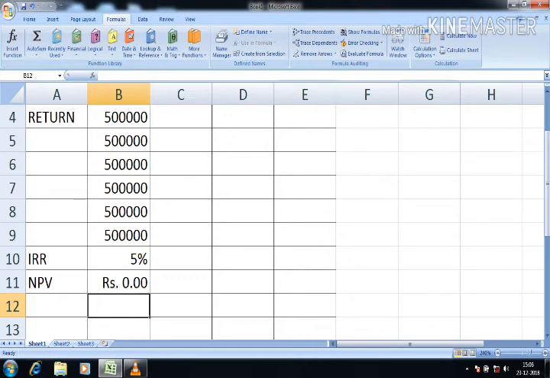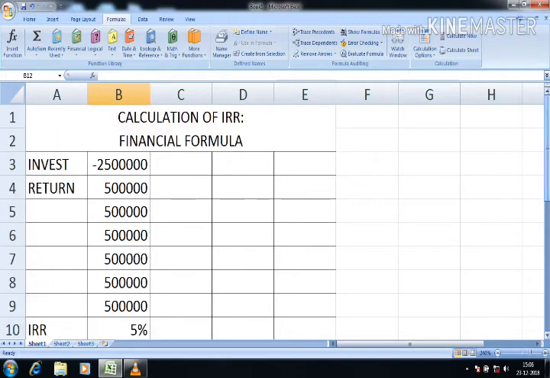For EMI calculation, suppose we need a loan. The loan, the total value will not be given, obviously the financer asks you for some down payment.